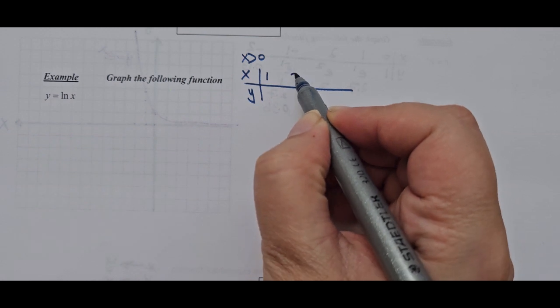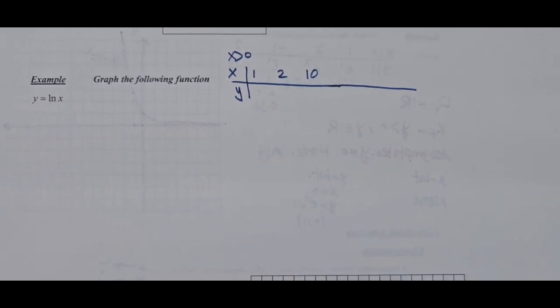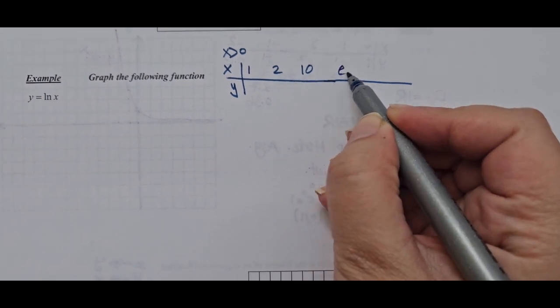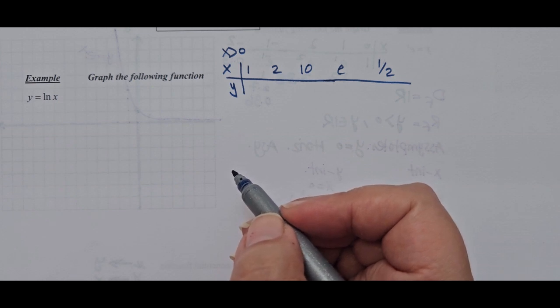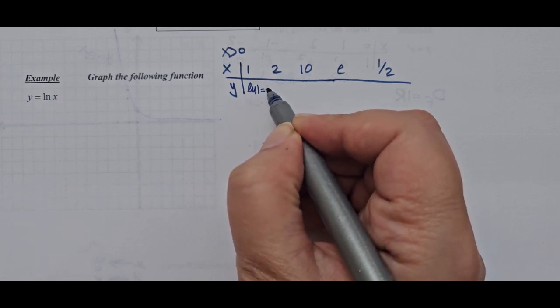I pick 1 to 10 because this is the first time I'm doing the graph for logarithm or ln. I will be using more than 2 or 3 points, so I would have a good idea of the curvature. The other points I will pick are e and then a half. So if you put x as 1, you will see that ln 1 is equal to 0.